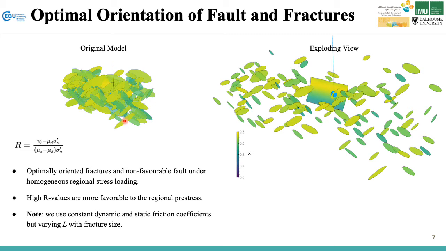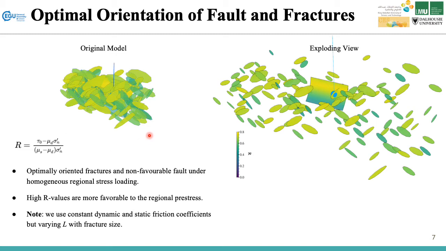To inspect the pre-stress condition on the manifold and fractures, we use the ratio of the potential stress drop to the breakdown strength drop, R. This ratio can be used to identify optimally oriented fractures and faults. A high value of R represents optimally oriented fractures, and hence if perturbed, the fractures that correspond to high R values will slip first. As you can see from the original model, the fractures are favorably oriented with homogeneous regional stress loading.